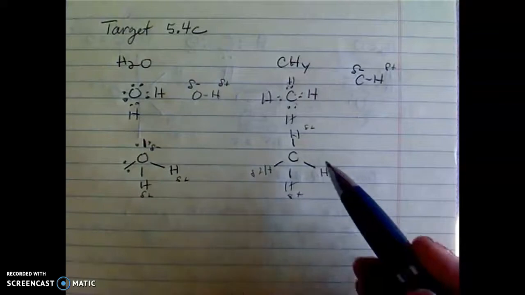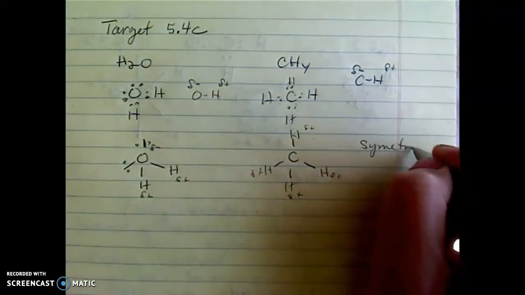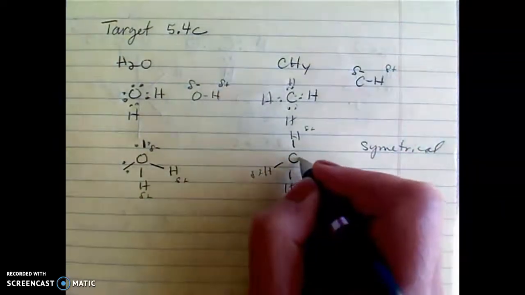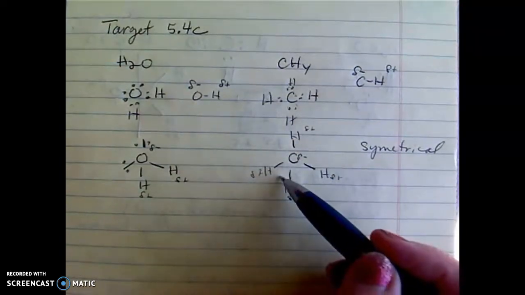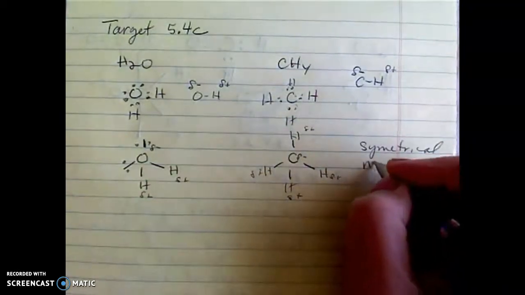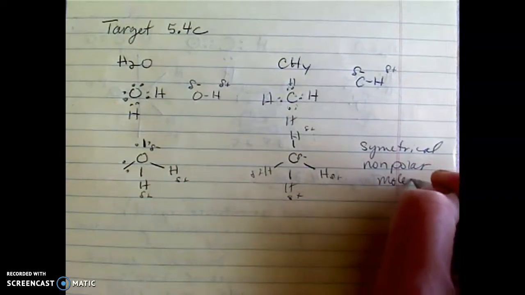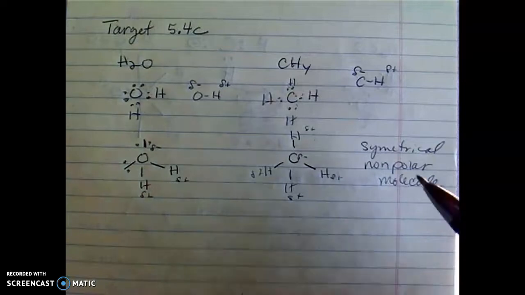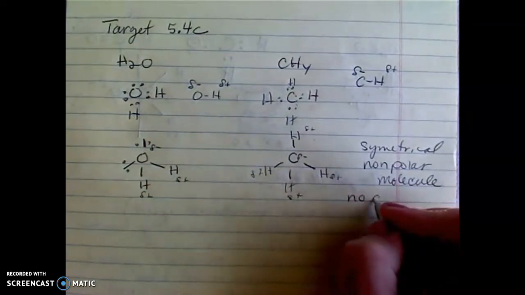Now here it's symmetrical, so you cannot separate the negative charge that's inside from the positive side, because it's completely symmetrical around. So this is a non-polar molecule. And we talked about that in our last session of notes. So that means there's no dipole interaction.